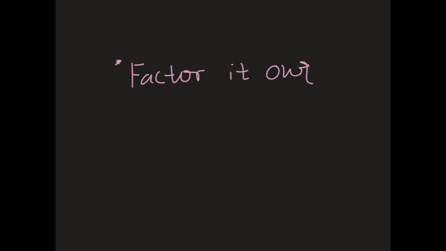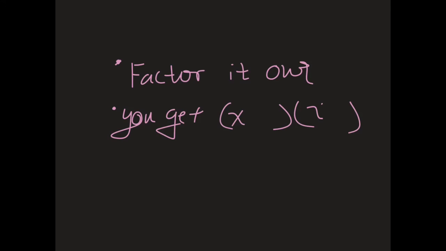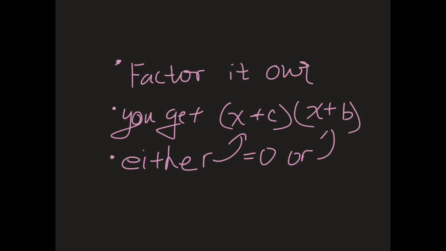And then the second step is you get a form like x plus c times x plus b, so you get this. And then you know that either this equals 0 or this equals 0. So then you can just solve for x.